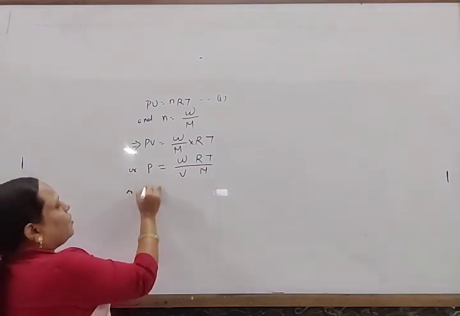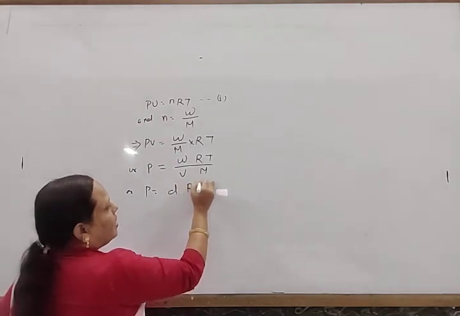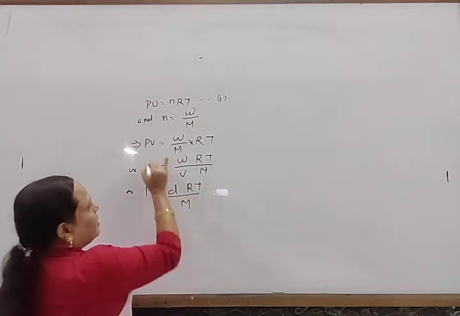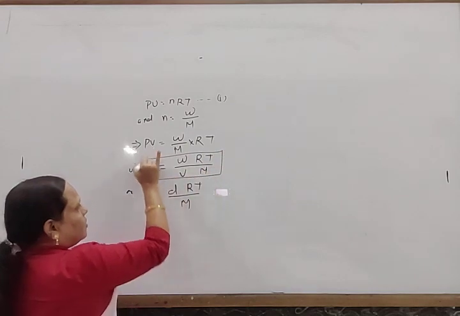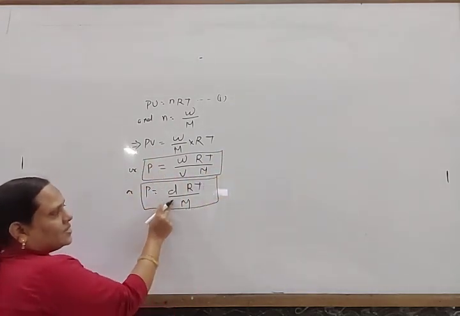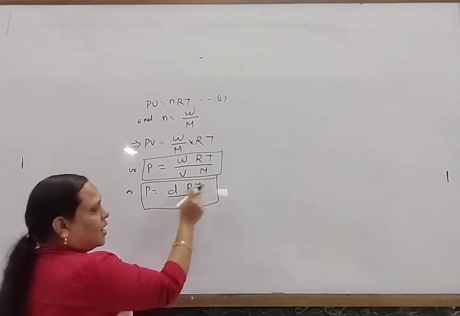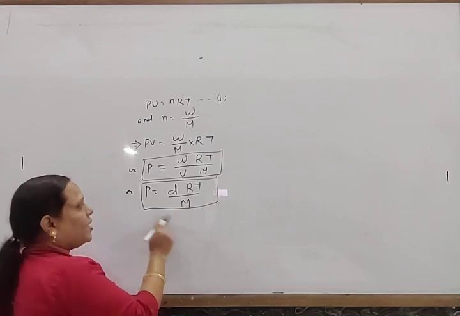In this way, P equal to dRT by M. This is also another form, with respect to density.